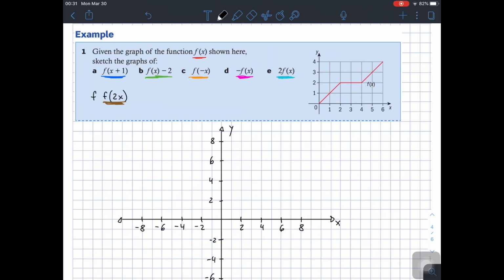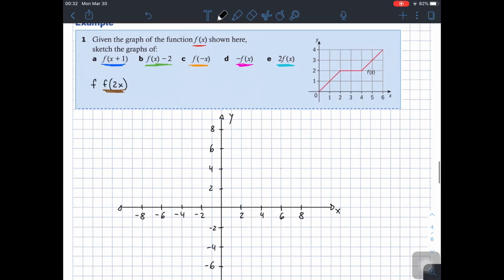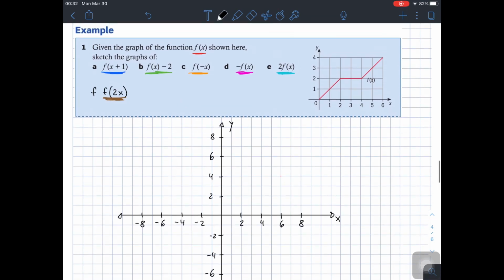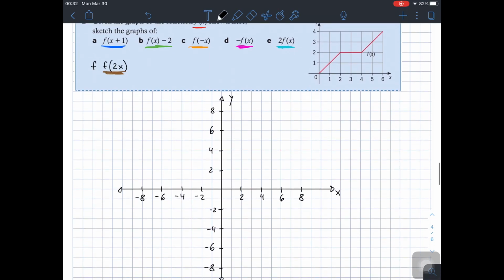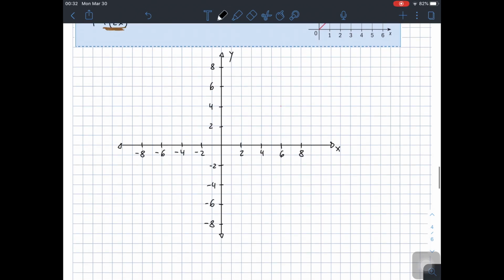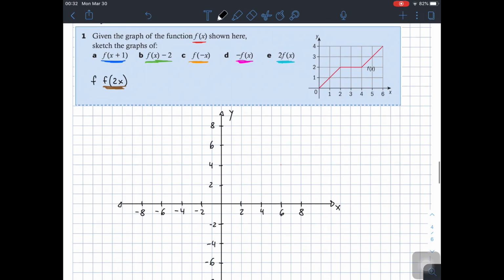Okay, so it says, given the graph of the function f of x, which is a piecewise function shown here, sketch these graphs. So we have a, b, c, d, e, and f. We're going to sketch all of these graphs using different colors for you to understand what each of these transformations imply, okay? So let's start by re-sketching the original function f of x.